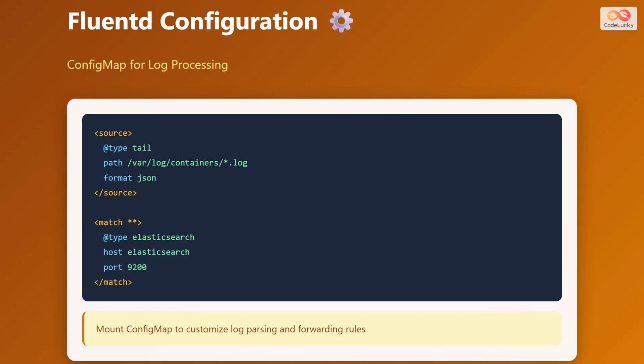The format is set to JSON since Kubernetes logs are structured in JSON format. The match section defines where logs should be forwarded. Here, the type is set to Elasticsearch, specifying that all logs matching any tag should be sent to the Elasticsearch host on port 9200. This config map is mounted into the Fluentd pods as a volume.